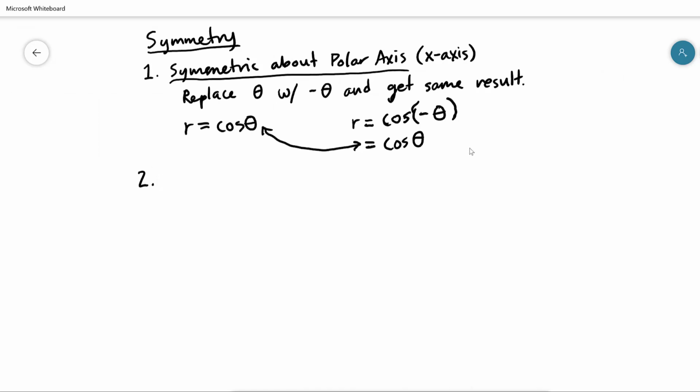Similarly, something can be symmetric about the y-axis, essentially theta equals pi over 2, which is our y-axis.